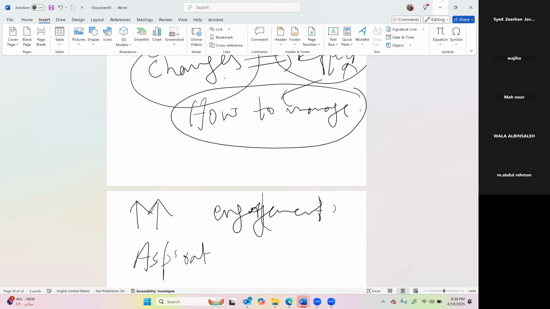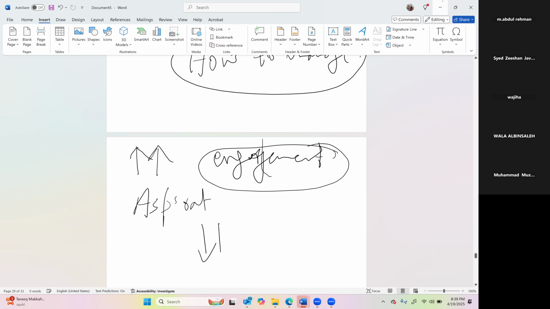What about the engorgement of the airway? Sir, if a patient has preeclampsia or is a hypertensive patient, then there can be edema of the airway.